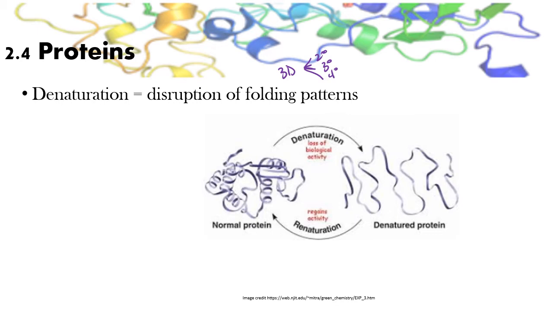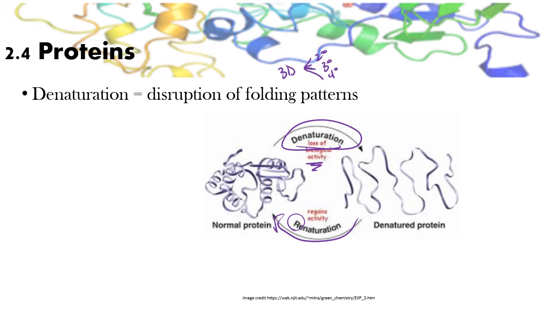If we do something that messes up the shape of that folding, we get what's called denaturation, which is basically changing the shape of the protein, and if the protein doesn't have its shape, it cannot do its job anymore. Sometimes we can renature the protein, put it back into its right folded shape, and then it can go back to its job, but that doesn't always happen. Sometimes denaturation is permanent, and that protein is dead forever.